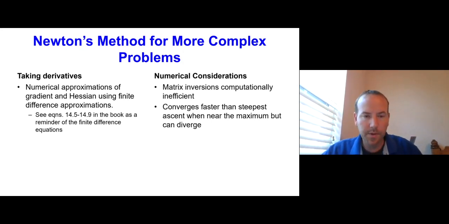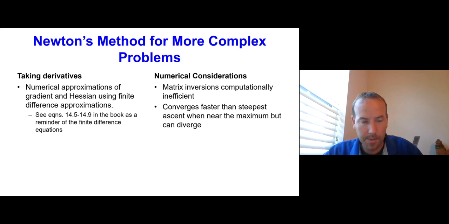So just to leave you here with a few tips, if you try to take this to even more complex problems, there are many cases where you cannot analytically compute the derivatives, as we did here in an example. And so in those cases, you need to use finite difference approximations to compute them. So it makes the solution quite a bit more complicated than what you can do by hand easily.